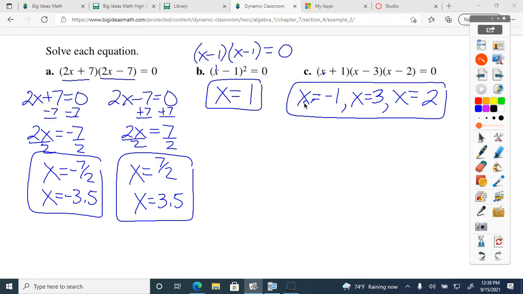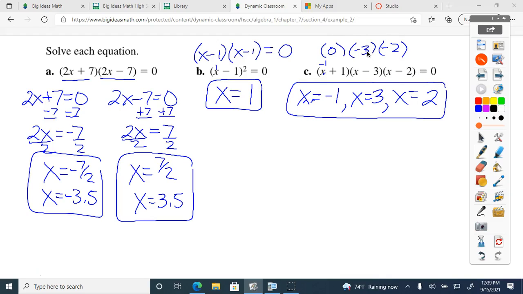Because if I plug it in, what do I get? 0. Now, do I get 0 for all 3 of them? No. I get -3 and -2 for the other 2, but remember, to make it equal 0, how many of them got to be 0? 1. Just one of them. Because as soon as I say 0 times, I can stop right now, 0 times anything is going to be what? 0. So it doesn't matter what these are, as long as one of them is 0.